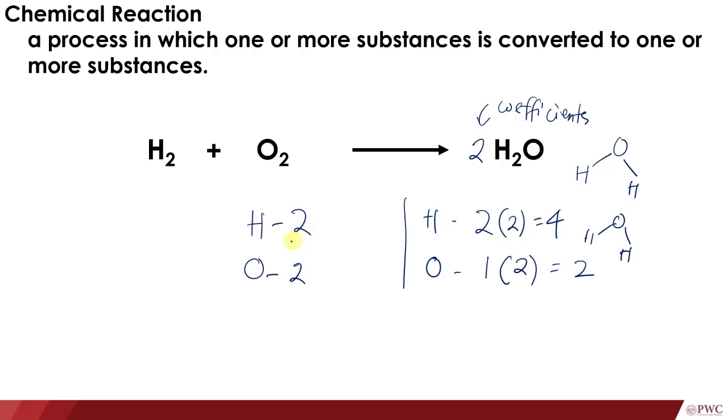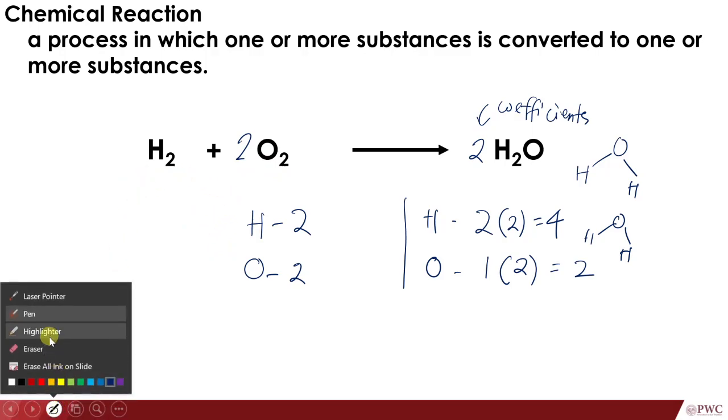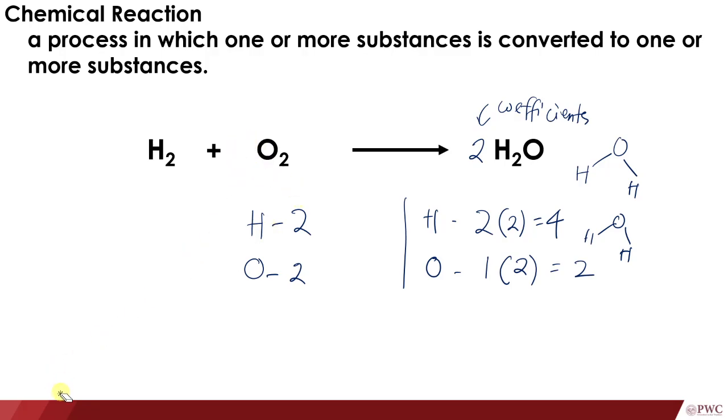And to do that, we need to double this hydrogen molecule over here. Again, that's times 2, so we'll times 2 this one, and this will be equal to 4. Now let's check: hydrogen 4, 4, and then oxygen 2, and then 2. So this one is now balanced.